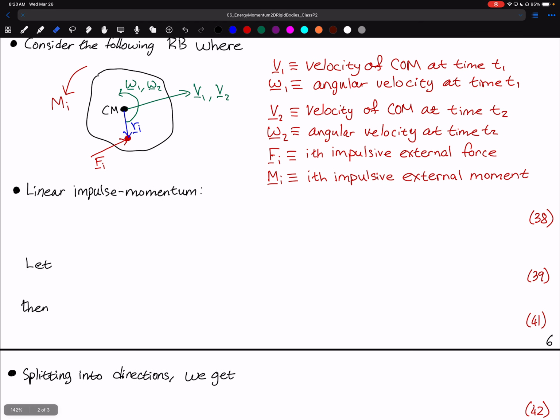Okay, so in this case, our translational impulse momentum equation is going to be the mass of that rigid body. This rigid body has mass m.